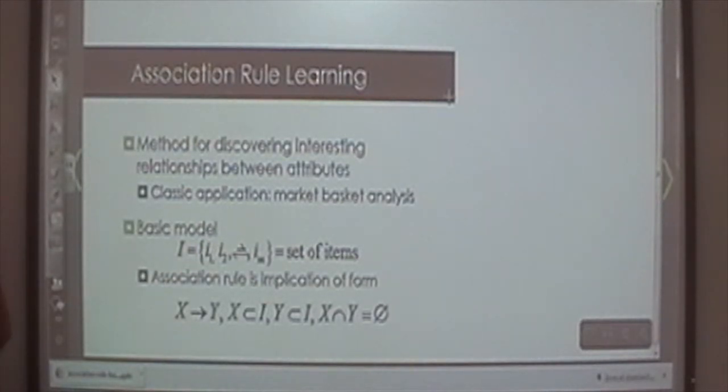The first thing we want to know is what's the difference between classification and association rule learning. The main difference is that instead of using the attributes to classify objects, we're going to try to find interesting relationships between our attributes.